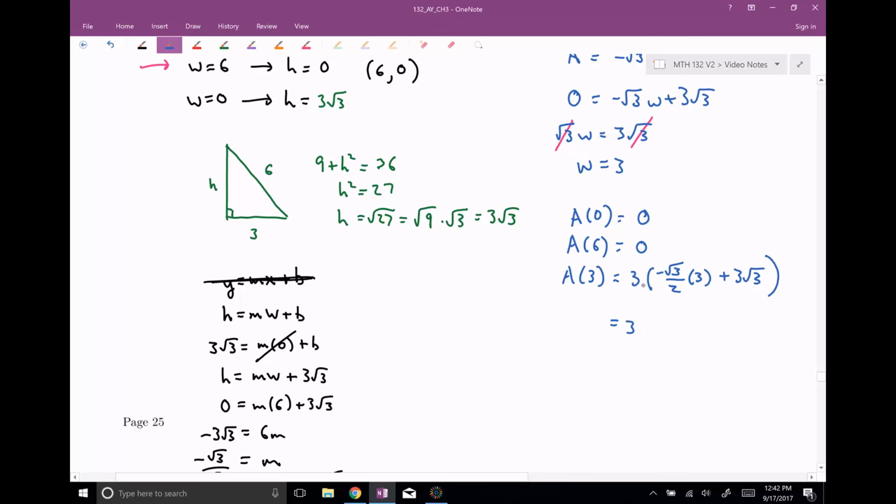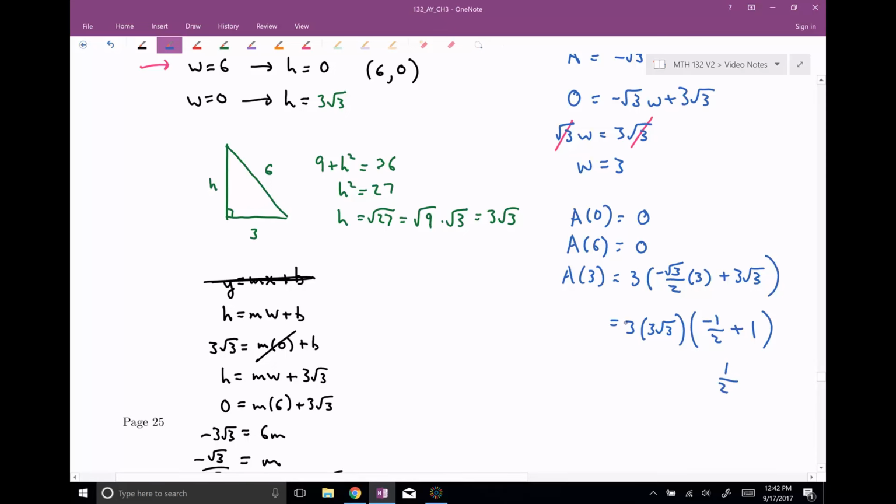So I have this 3 out here, and then I'm going to factor out another 3 and a root 3. And when I do that, I'm going to have negative 1/2 left in the first term. And in the second term, I factored out the 3 and the root 3, so all I have left is 1. So now negative 1/2 plus 1 is just going to be 1/2 in this case.